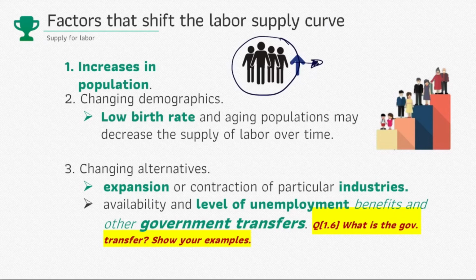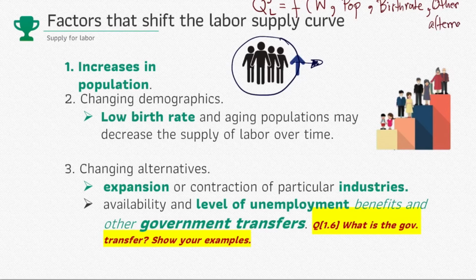Now remember, I will use this function: supply of labor is a function of wage, population, birth rate, which is related to population as well, alternatives, etc. If population increases, supply of labor may increase. A low birth rate affects supply of labor to decrease.